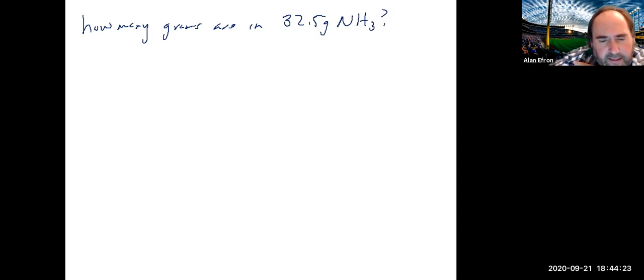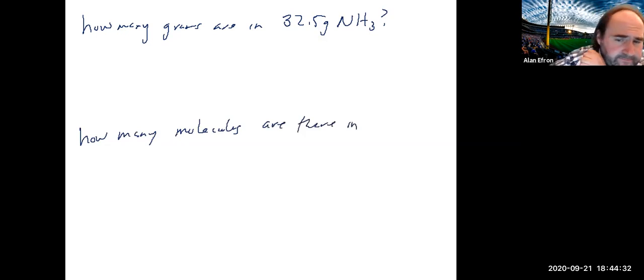How many molecules are there in 12.5 grams of C2H5O?